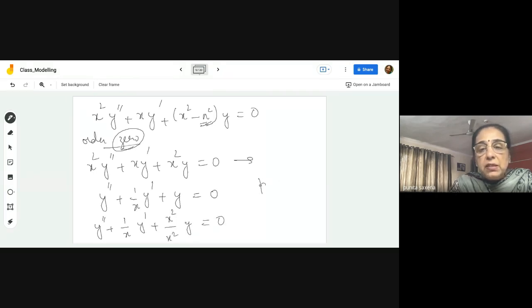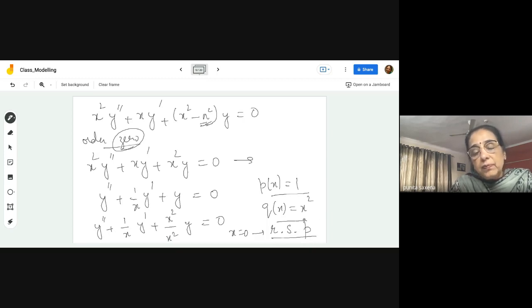So this gives me the fact that px is 1 and qx is x square. Definitely both are polynomials, so definitely x equal to 0 is a regular singular point. I'm writing RSP for regular singular point.